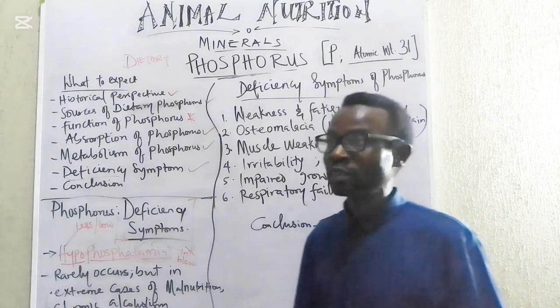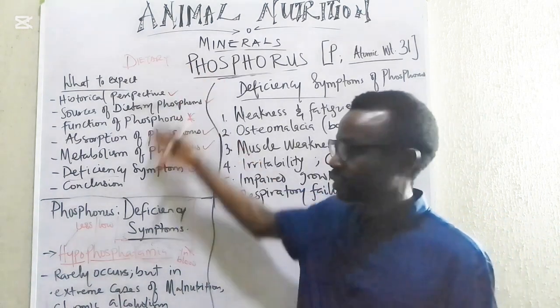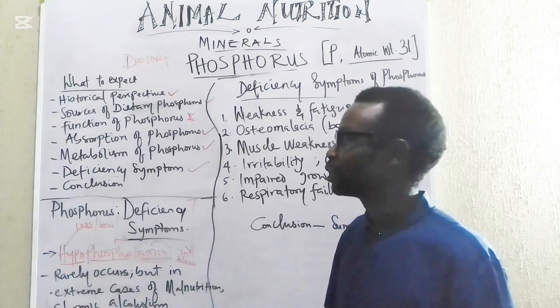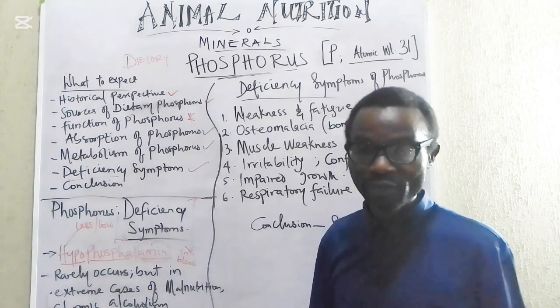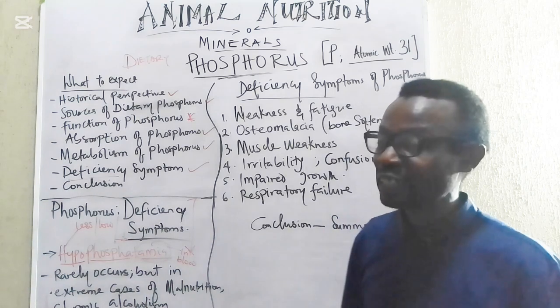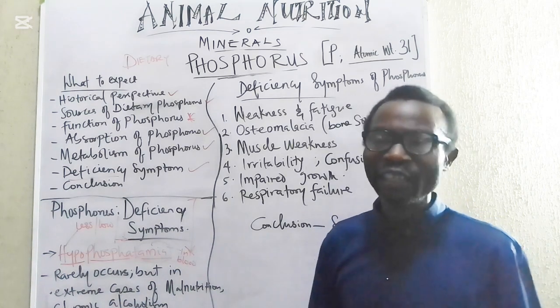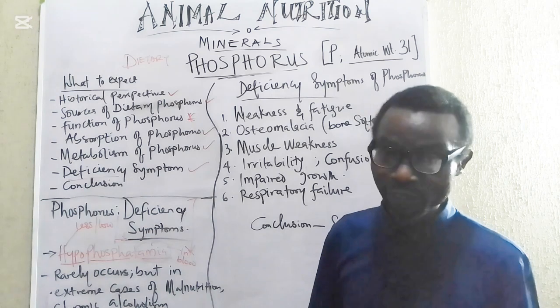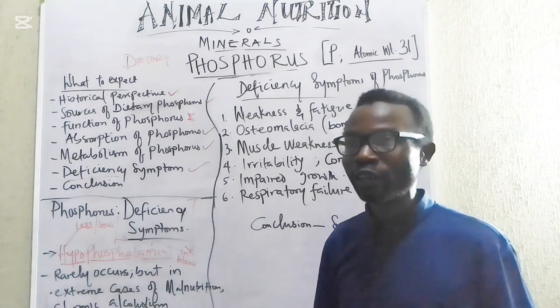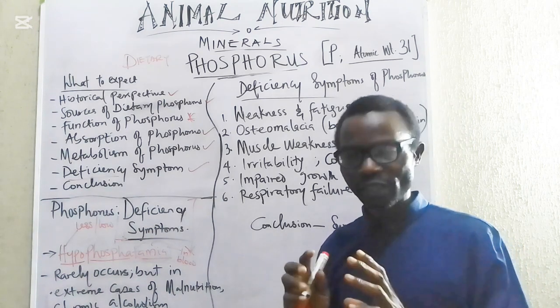Now, having said this, I want to quickly go through this, but of course we run out of time. Just to give a benefit, the historical perspective: phosphorus was actually discovered in 1669 by a German scientist, an alchemist, who was looking out for something that glowed.